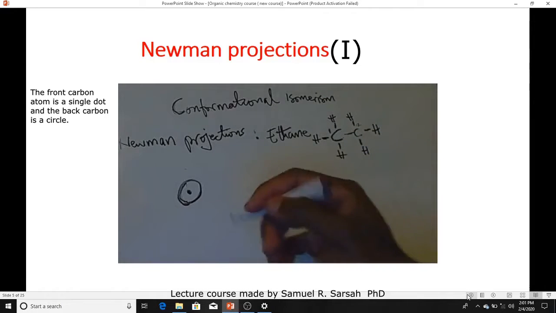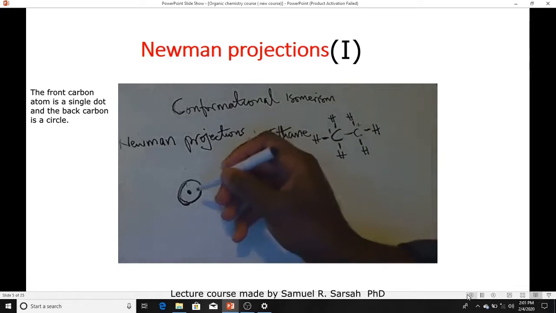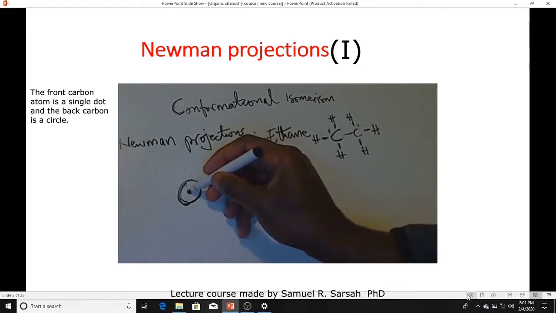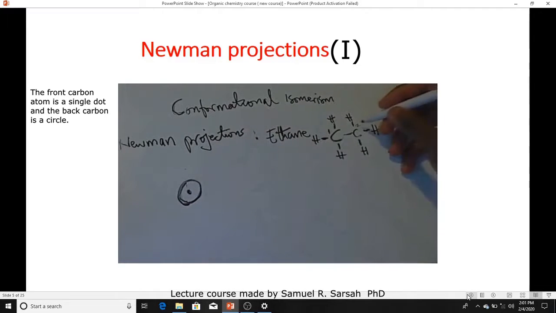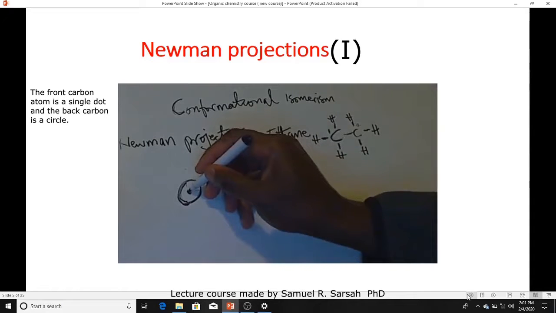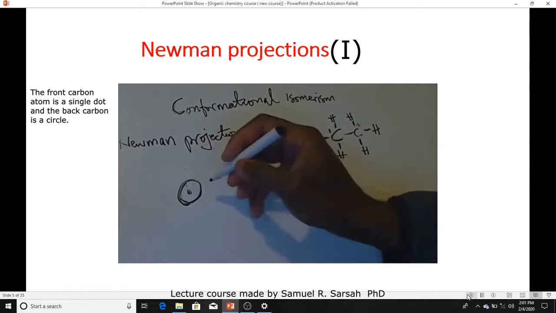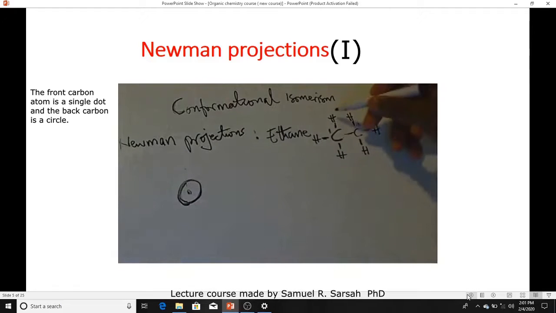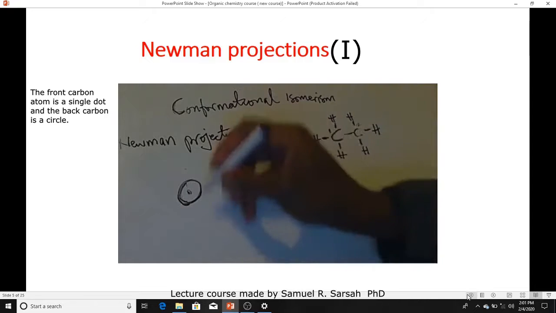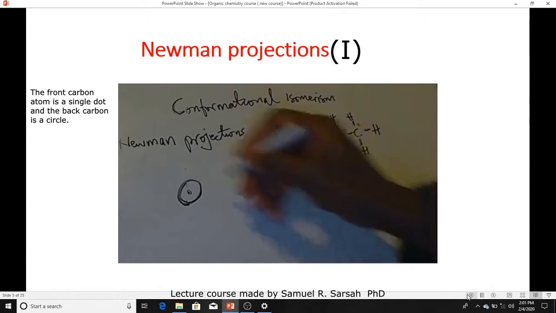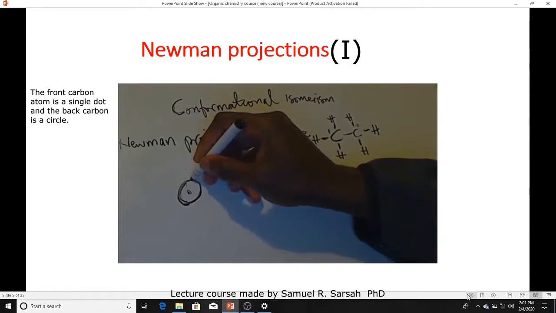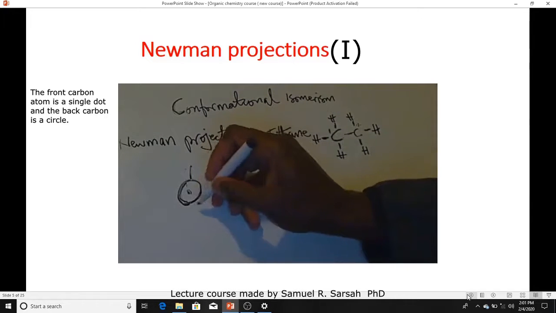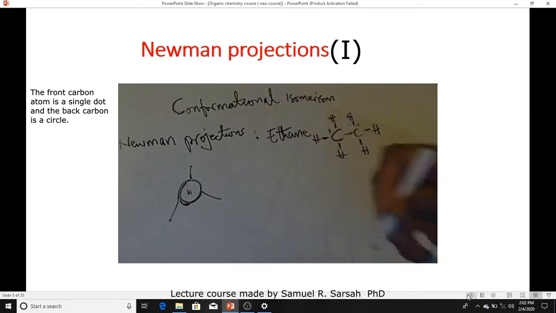Okay, now we're only showing one neighbor, which is carbon number 2, which is the dot inside. Now we are left with these 3 neighbors, 1, 2, 3 hydrogens. Okay, so each of them will come off like this.